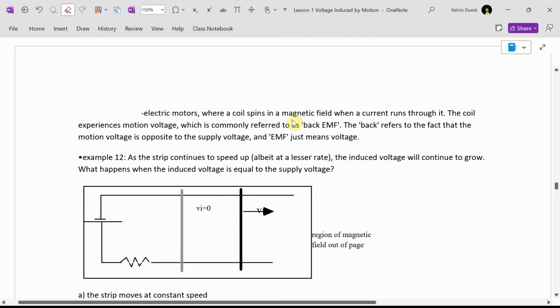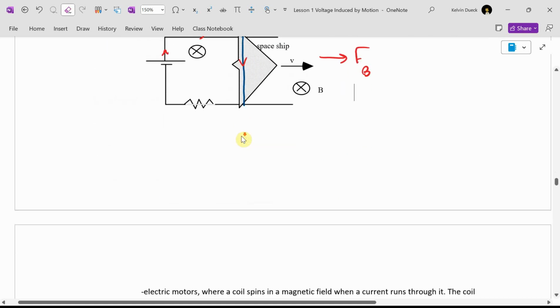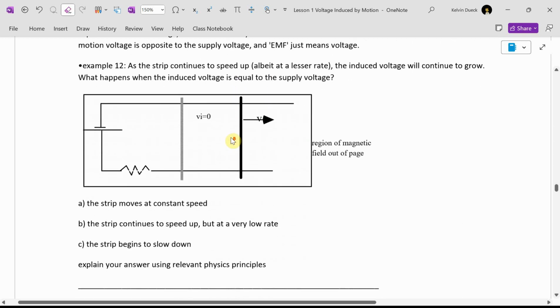And so this also has an application in electric motors. Now, in electric motors, it's a coil spinning. We'll look at that in a couple of days. But the faster it spins, you generate a back voltage in the same way as we're generating a back voltage and a back current here. So we'll look at that in a couple of days. We'll do a whole lesson on back EMF.